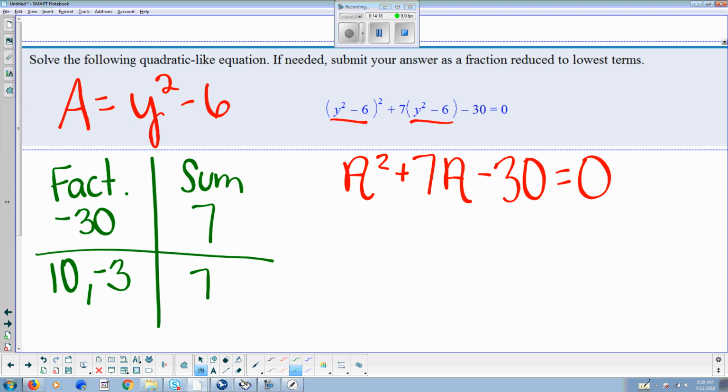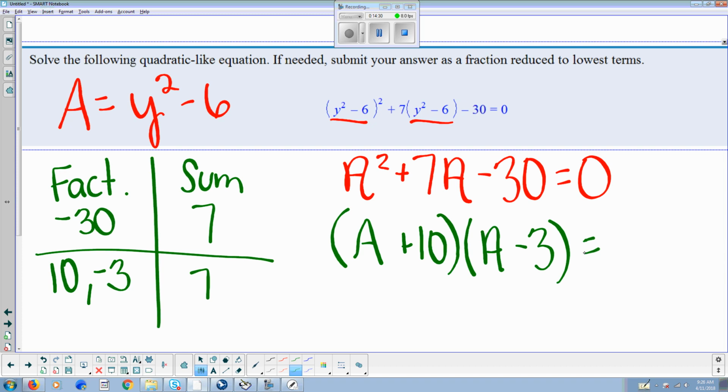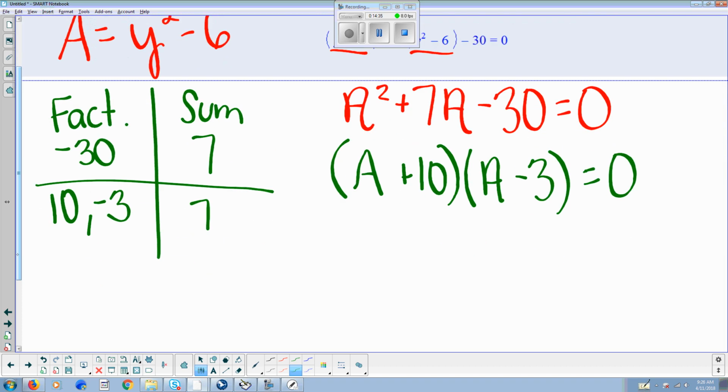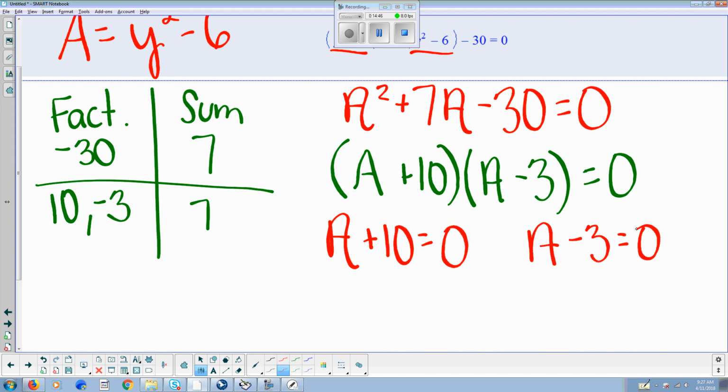So I will factor this quadratic function with my capital A as A plus 10 times A minus 3, and that's all set equal to 0. Next, zero product property says set each of these factors equal to 0 and solve. So capital A equals negative 10 and capital A equals positive 3.